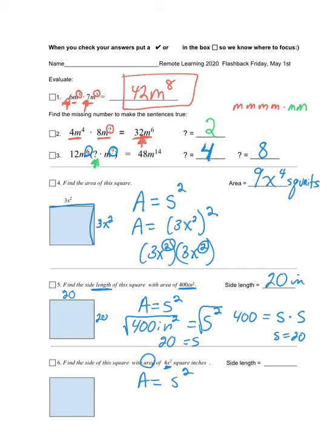I have the area, so I'm doing 4x squared equals s squared. I find the square root of each, and the square root of 4 is 2. Square root of x squared is x. So each side is 2x inches. And I can check my work, right? Just 2x times 2x, and that does in fact equal 4x squared.